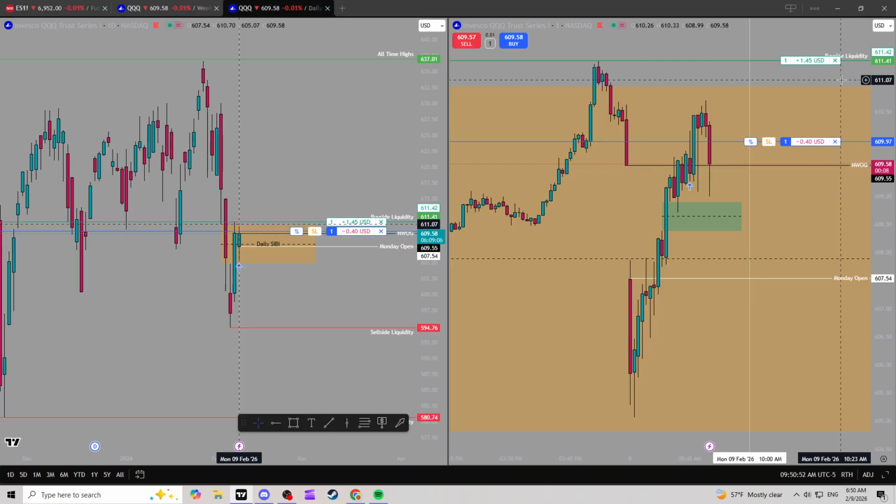You want to see where this candle closes? I'm not a big fan of that candle. It's not the end of the world though.